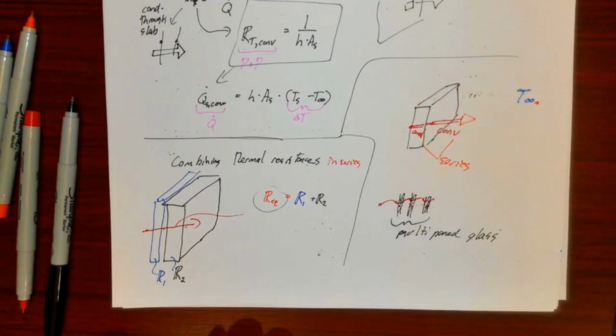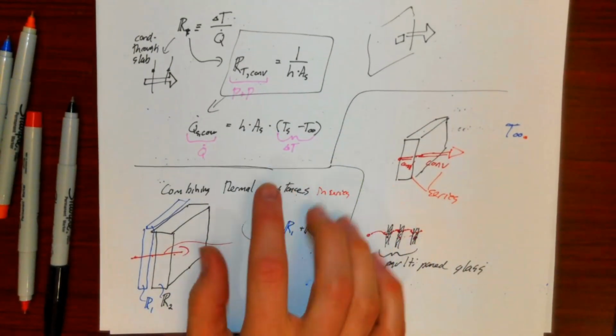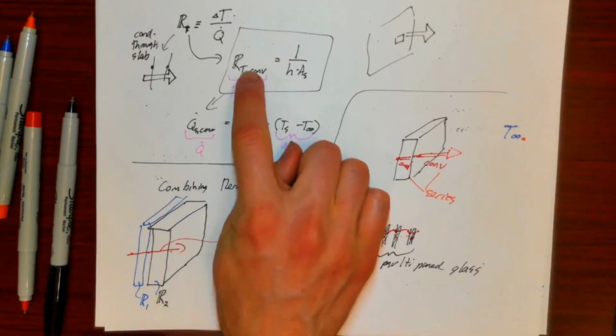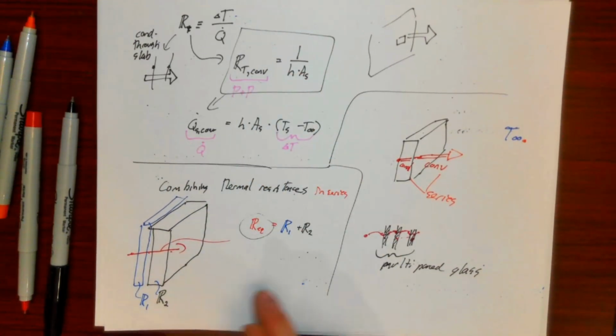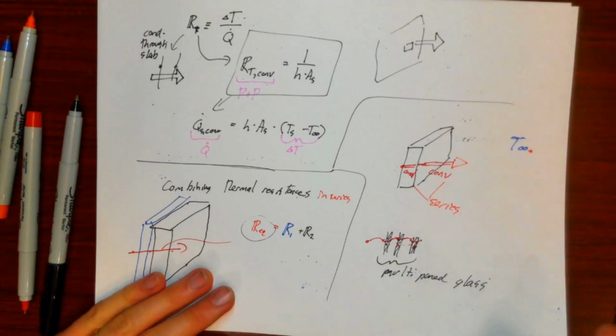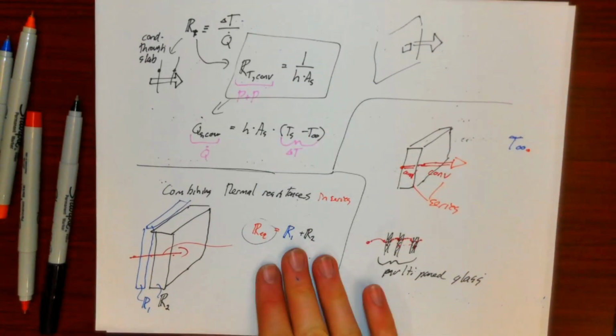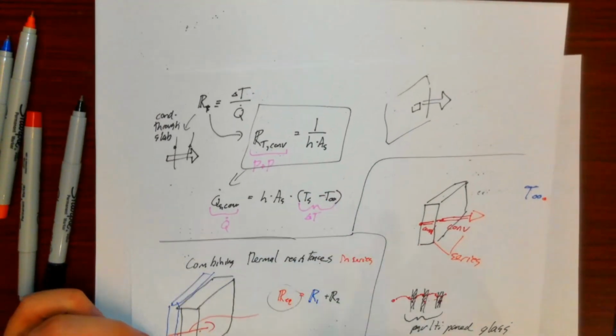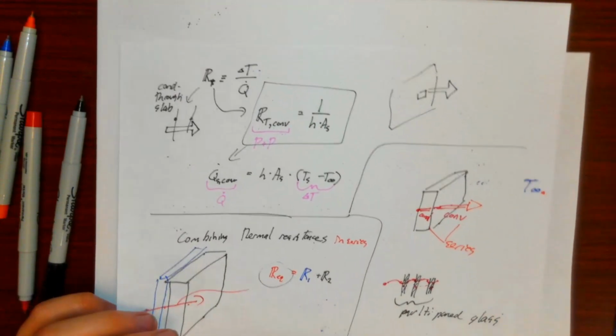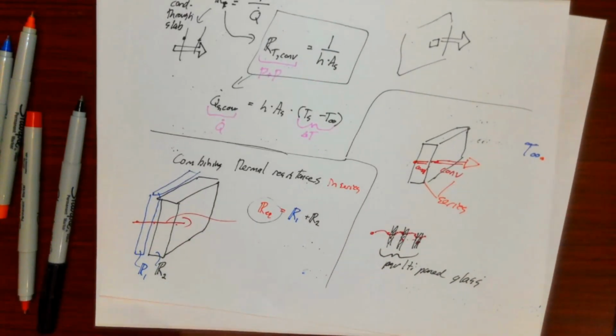So qualitatively, this is what's going on. We can have thermal resistances due to convection, and we can dust off our notes from last time to have thermal resistances for conduction. Let's do an example problem where we use some of those to make inferences about temperatures and heat transfer.